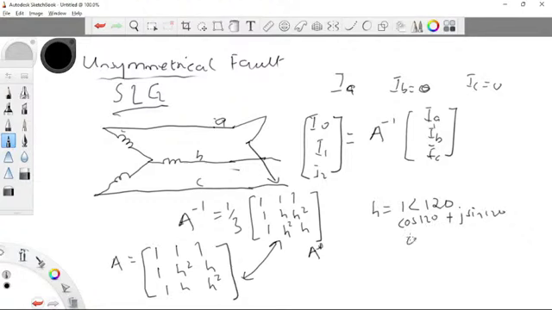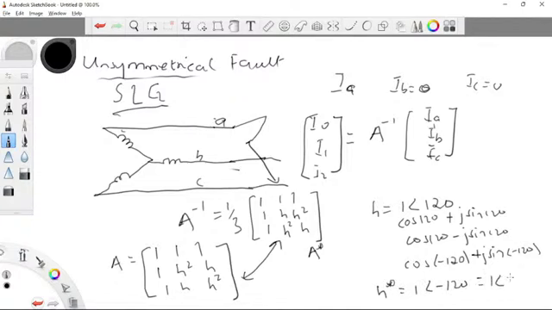To do a conjugate, it's cos 120 minus j sine 120, and since cos of negative is the same as positive, you can write cos negative 120 plus j sine negative 120. So the conjugate of H is 1 angle negative 120, which is the same as 1 angle 240, which is the same as H squared.